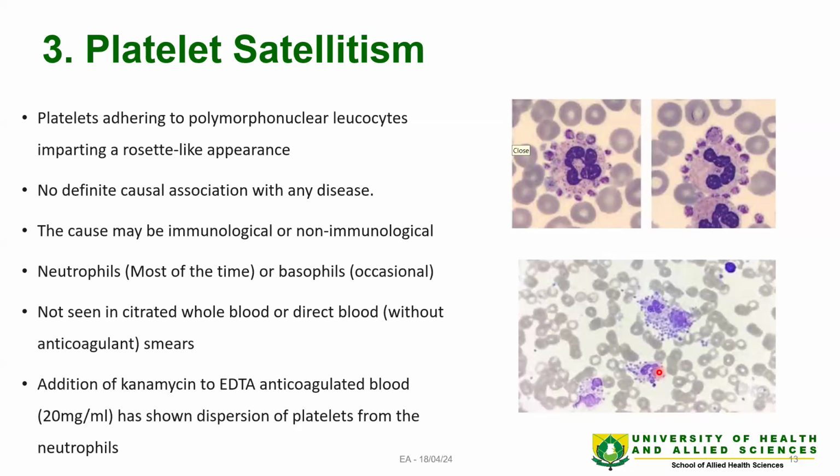So if you have platelets surrounding a neutrophil like this, that means that this particular neutrophil will go through that aperture with all these platelets surrounding it at once. And so these platelets will not be seen and counted as platelets. They will all just be counted as one cell passing through the aperture.